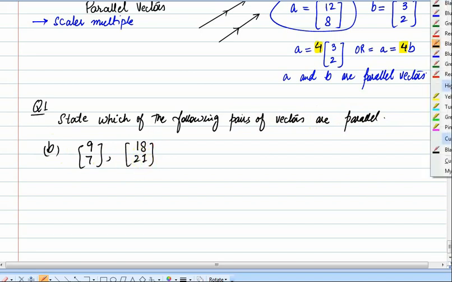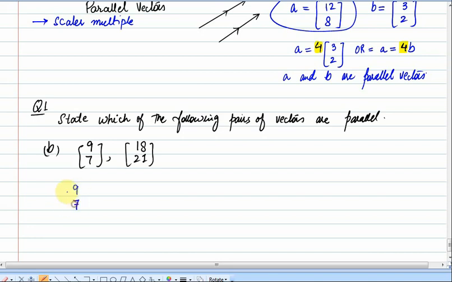Now these are two vectors. We need to identify if they are scalar multiple or not. So 9, 7 remains as it is. If I take 3 common from the other vector, it will be 6 and 7.